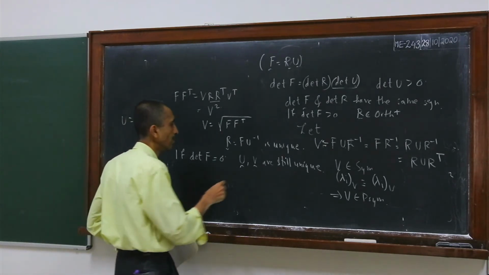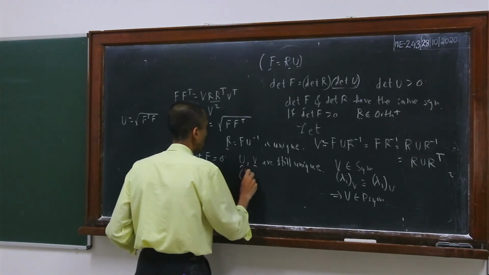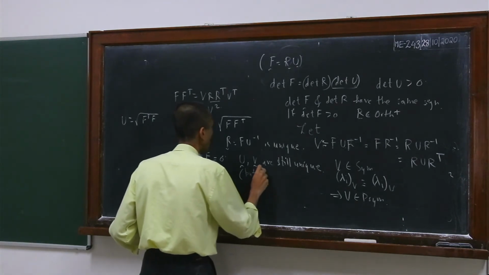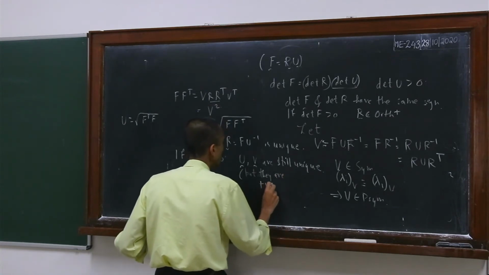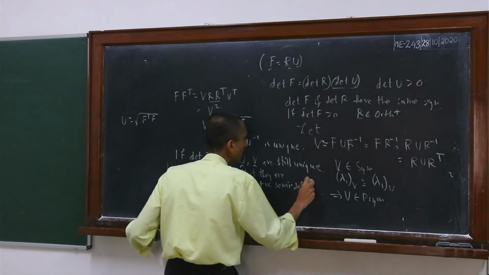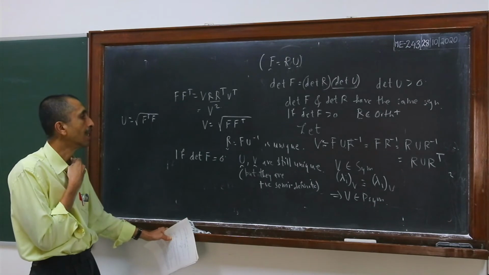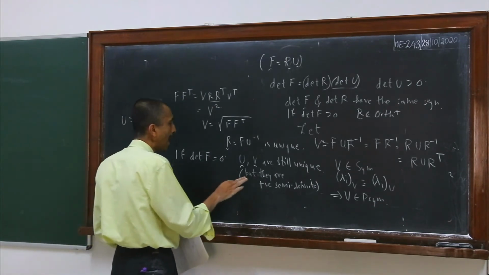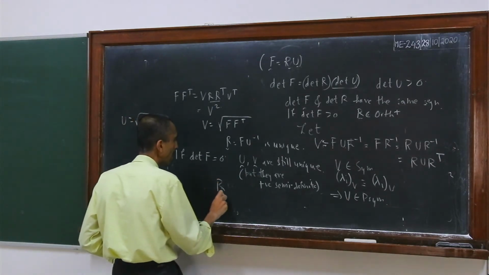So still unique, but not positive definite. Or you can say they are positive semi-definite. So that means the eigenvalues are non-negative, right? So some of the eigenvalues can be 0 in this particular case, and hence they are not invertible. And so you cannot define R as F times U inverse. So R is not unique in this case.